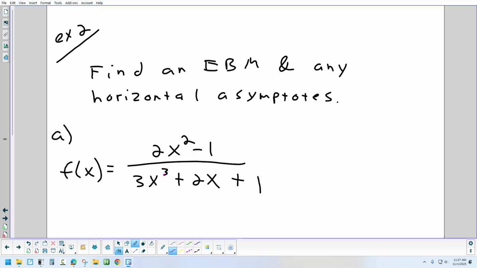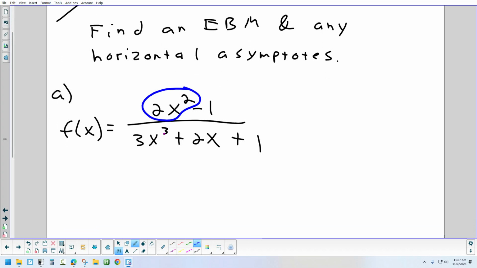Yep. What's the highest degree term in the bottom? 3x cubed. So we have 2x squared divided by 3x cubed. That's how we're going to find the EDM.